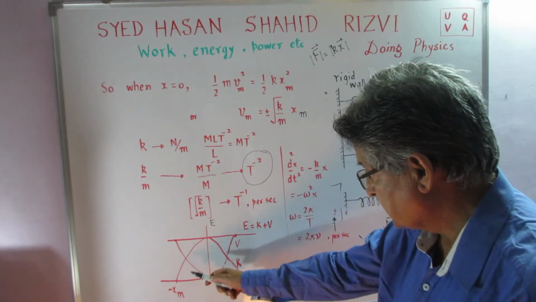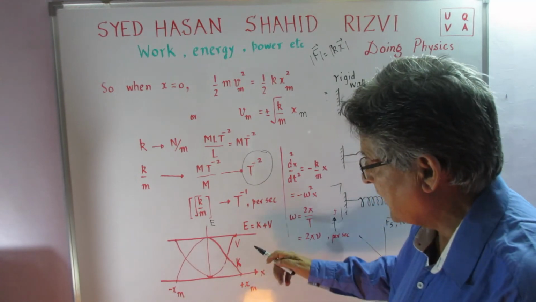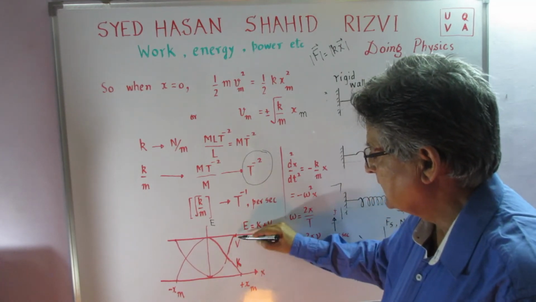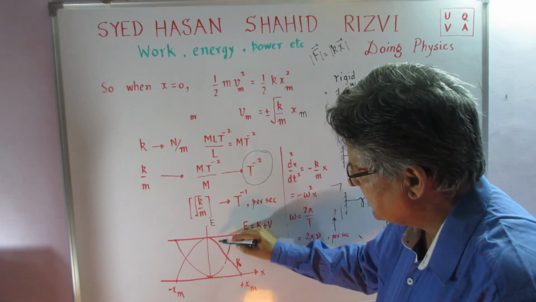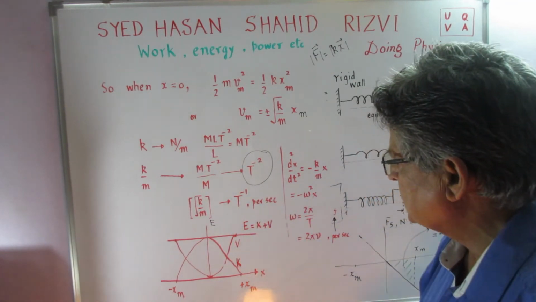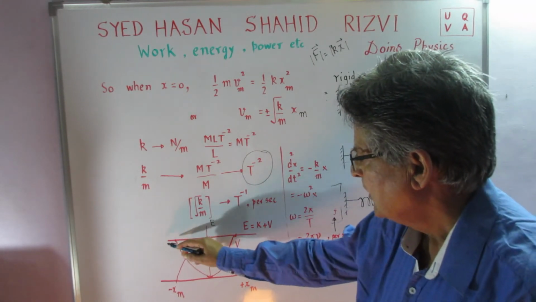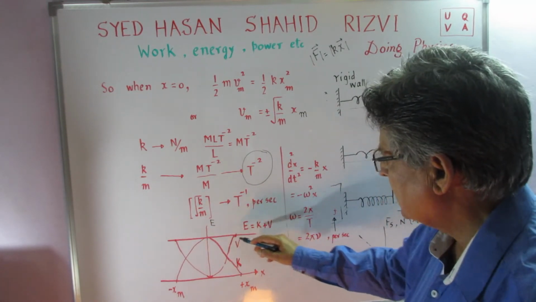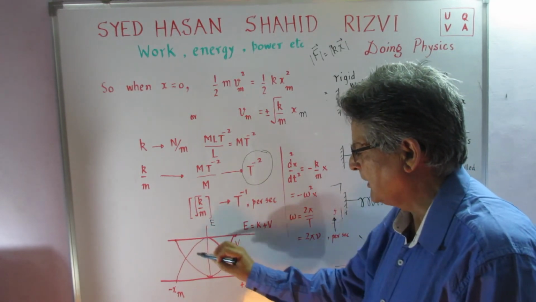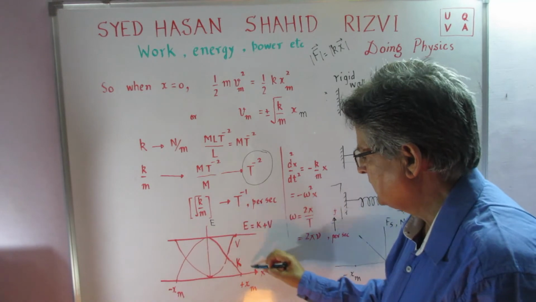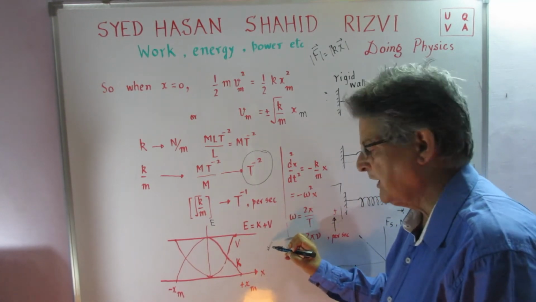This one also appears to be that of a parabola. At all instants of time, when this is 0, then this is maximum. At any instant of time, if we sum the kinetic energy plus the potential energy, we get a constant value, which is shown by this line, and of course V is shown by this and K is shown by this. So this is exactly what happens in this particular case.